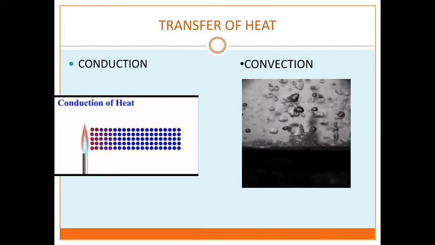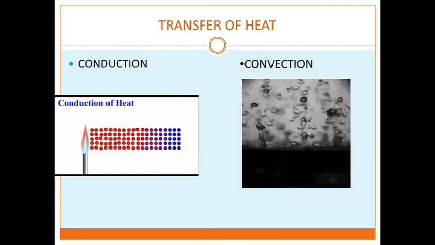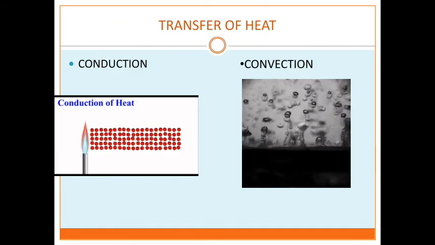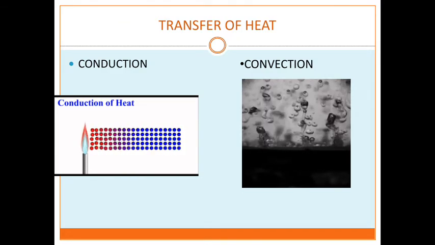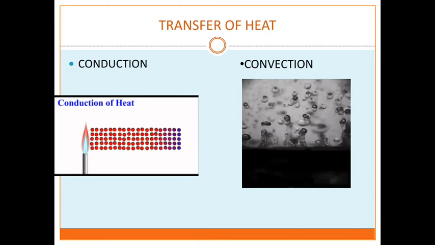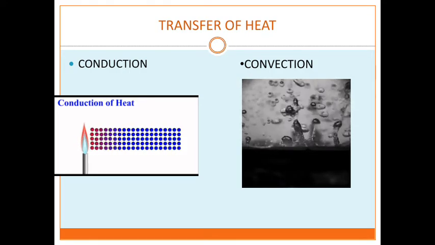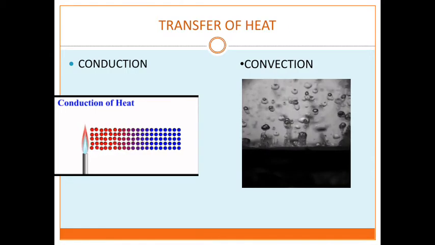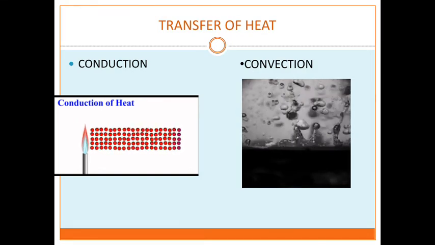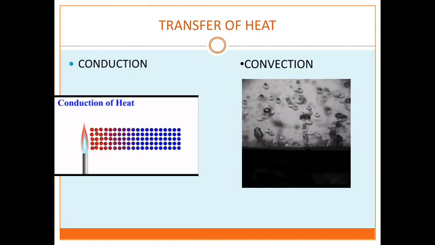If you see the next picture, think of the bubbles as molecules, and see, they are moving. They are not vibrating, they are moving. It is the same as conduction; the only difference is that in conduction the molecules do not move, while in convection the molecules move. So the meaning of convection is heat transferred from one place to another by the movement of molecules.